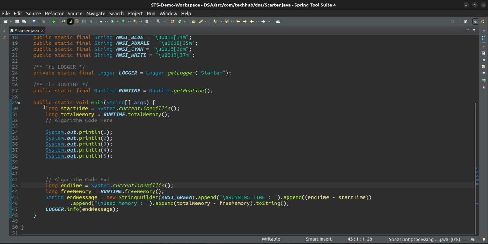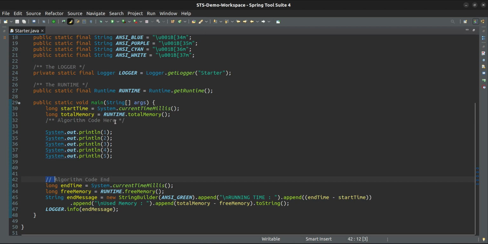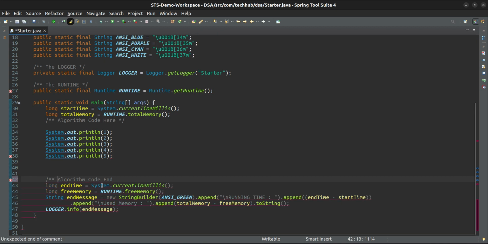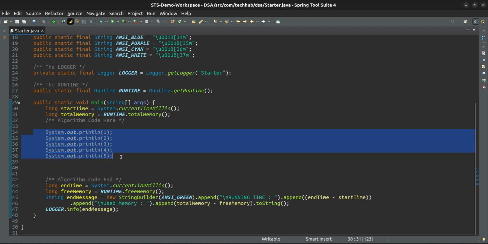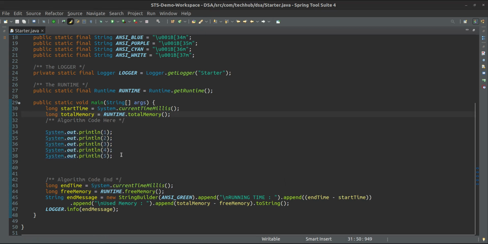Whatever is written before this comment, algorithm code, here you can give multi-line statements. So just consider these are the only statements. So the efficiency of this algorithm will be 5. It will print from 1 to 5 without any loop.